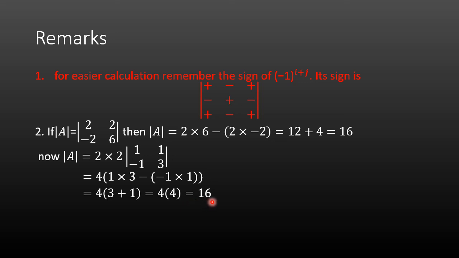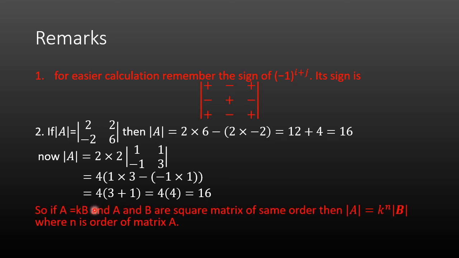But I do not want to talk about the same answer; I want to talk about the connection. So here you can see, if A is equal to KB, how is this matrix written here? 2 into B. Okay, so that is why 2 into B, that matrix is there. So if A and B are square matrices of the same order and you want to find the determinant of A, then it will be K raised to n into the determinant of B, where K is the number multiplied.